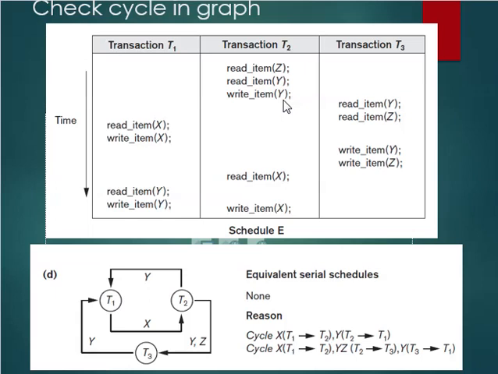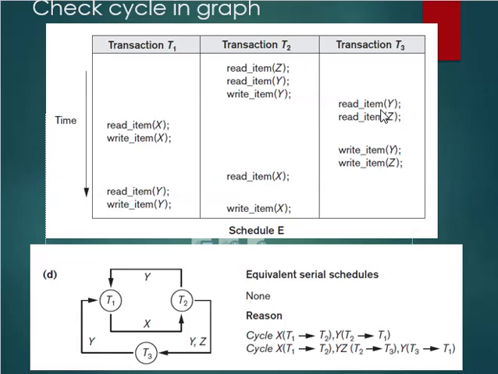We are switching to T3, the read item y. So you need to check whether, after read item of y, any transaction other than T3 contains an operation that conflicts with read item.